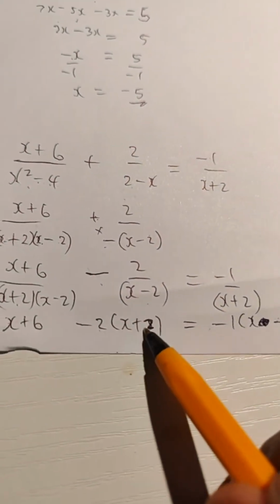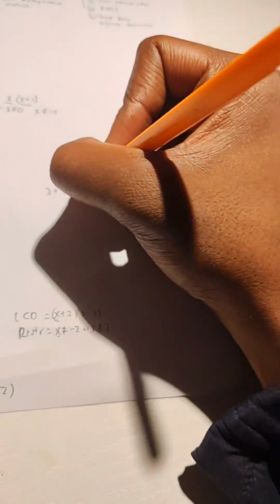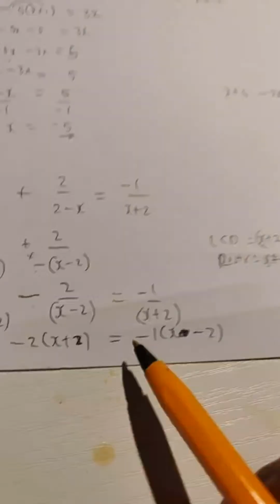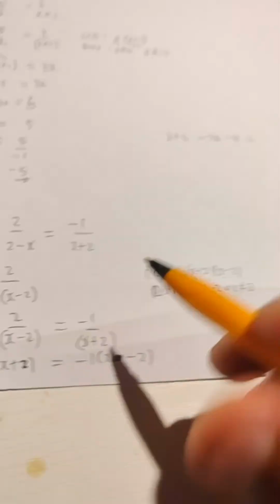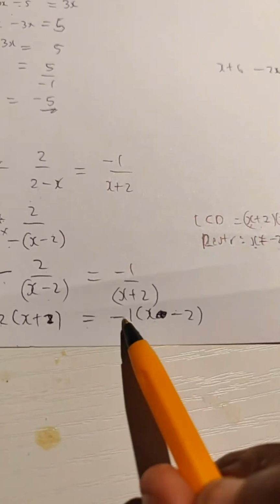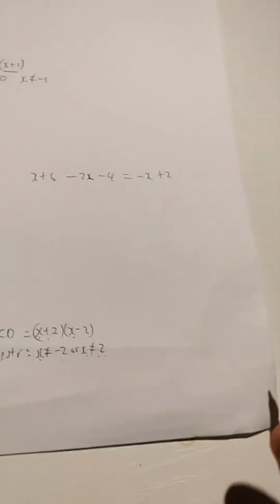x plus 6 minus, we take the negative 2 inside, negative 2 times x, negative 2x, negative 2 times positive 2, the negative 4, is equal to negative 1 times x is negative x, negative 1 times negative 2 is positive 2.